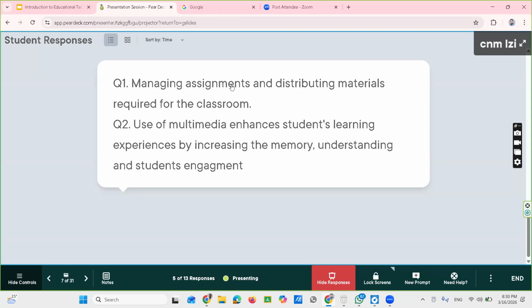Then a student tried to give the answer for the second question also. Use of multimedia enhances students' learning experience by increasing memory, understanding, and student engagement. Yes, that's okay.